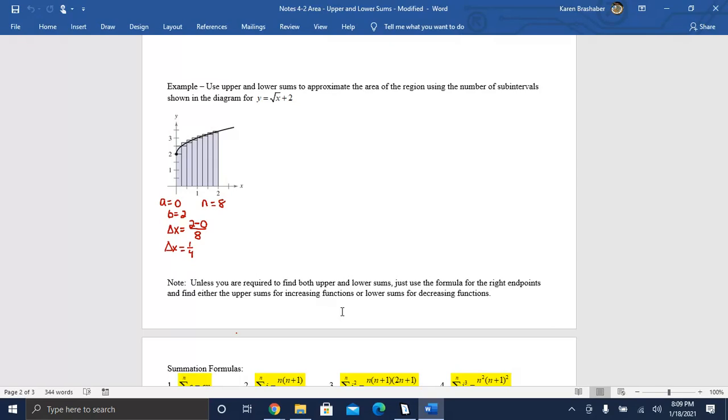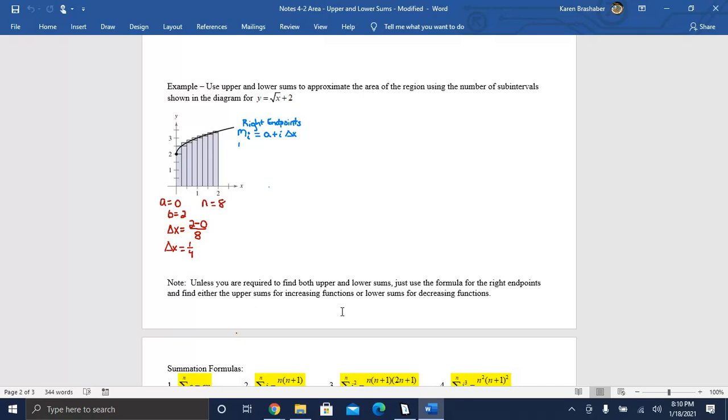So for the right endpoints, we will use, and I'm going to go ahead and call it what I called it on your setup, we will use m_i as a plus i times delta X. And you'll see what happens with this.